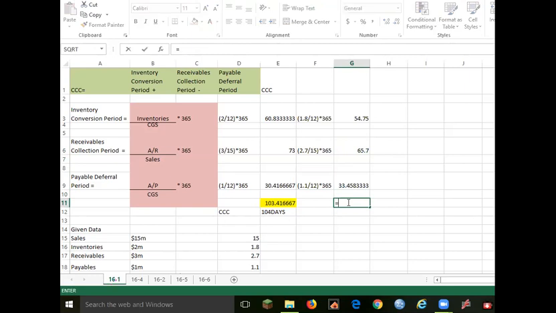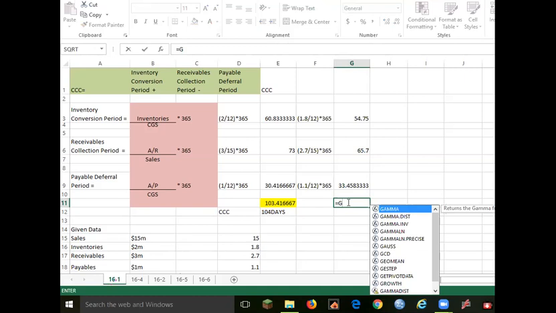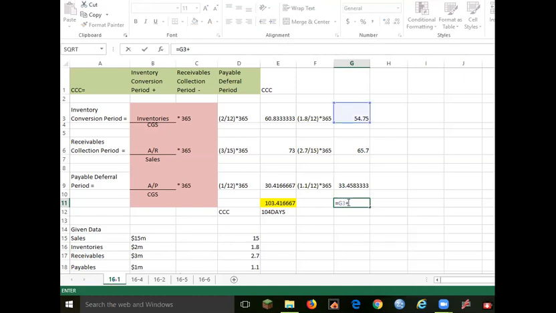So the new cash conversion cycle is the inventory conversion period plus the receivable collection period, minus the payable deferral period. So the new cash conversion cycle would be 87 days.